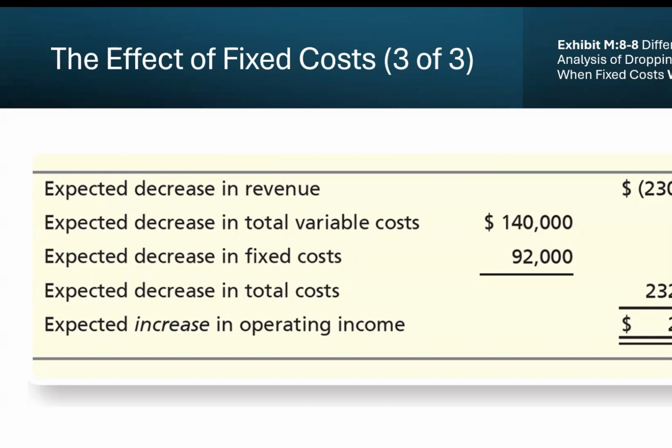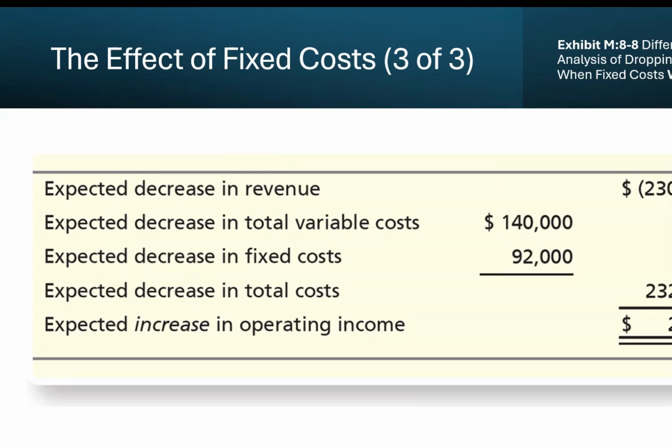In this situation, $92,000 of the fixed costs belong only to the premium tablet product line. That's the $95,000 total fixed cost minus the $3,000 unavoidable fixed costs, which gives you the $92,000 avoidable fixed costs. These would be direct fixed costs of the premium tablets only.